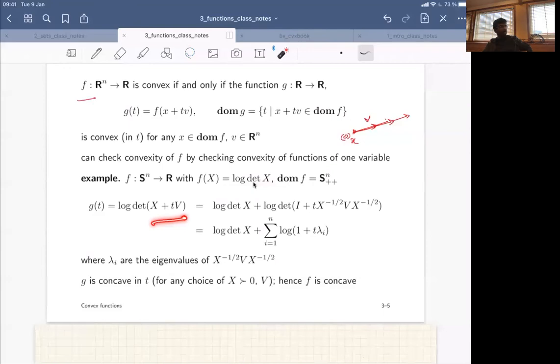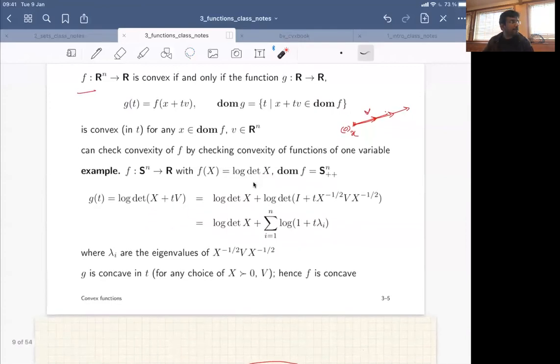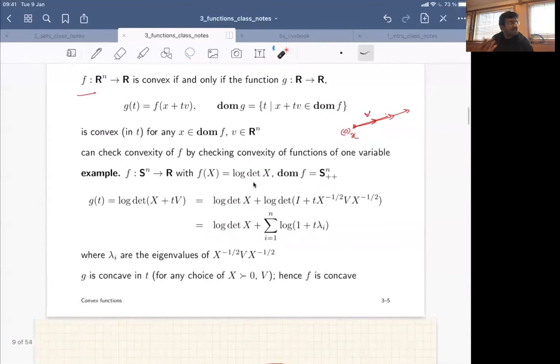I didn't make any choice for v. I took an arbitrary v, and then I proved that this is convex. That means my original function is convex. I didn't make any assumption on the choice of v, so it is without loss of generality.